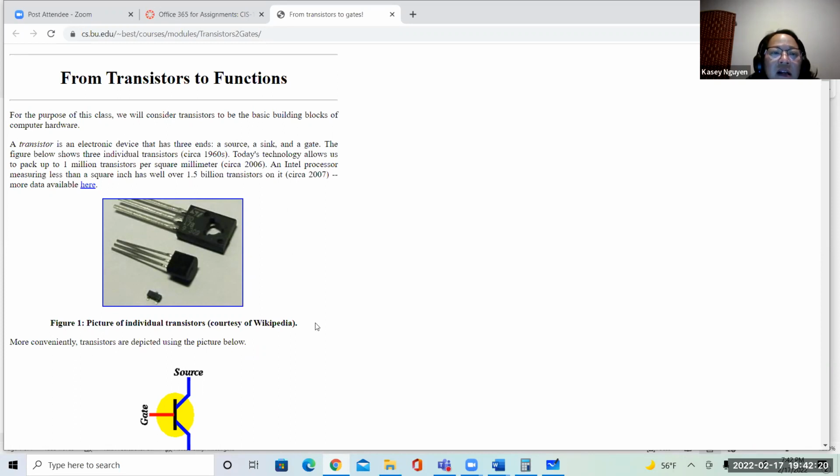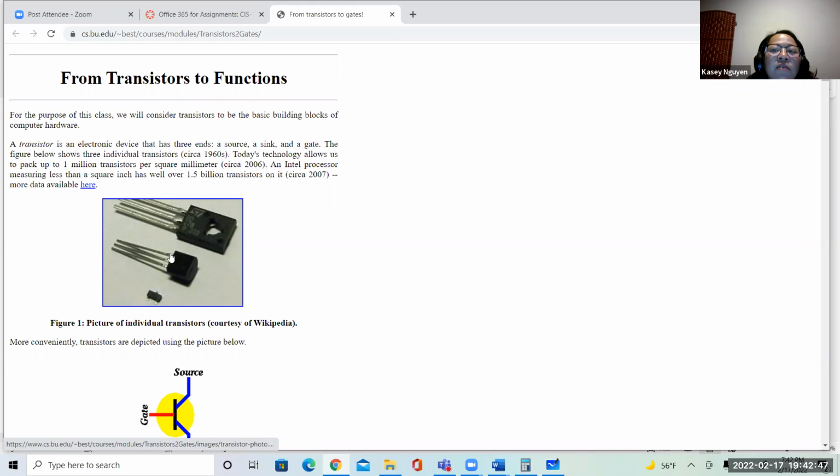And the book talks about that. So when you buy an Xbox or Nintendo Switch or so on, the processors consist of millions of transistors. And we're able to build a very tiny microprocessor with billions of transistors inside.